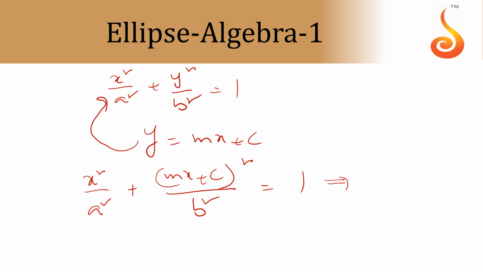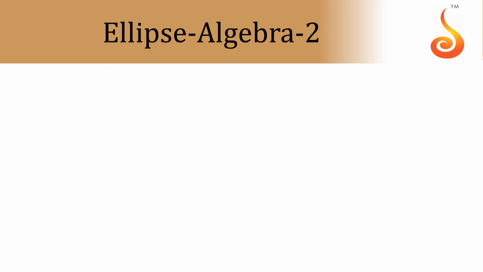You will get a quadratic equation in x whose roots will be the x coordinates of the points of intersection of this line and ellipse. But what is the guarantee that this line meets the ellipse? Yes, that's why the discriminant of that quadratic in x will tell you what will happen. If delta greater than 0, the line meets the ellipse in real and distinct points.